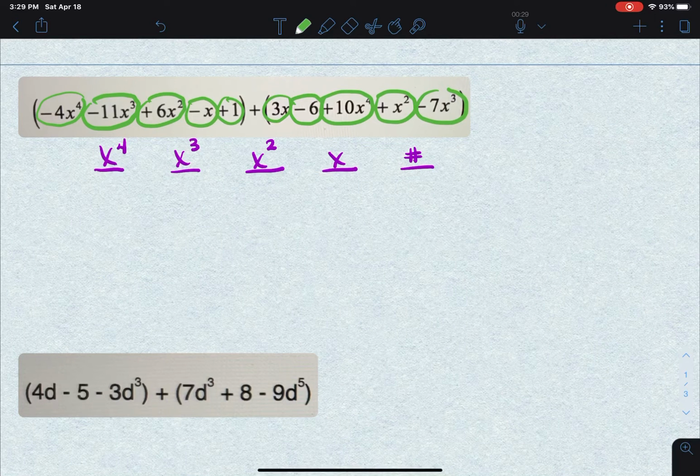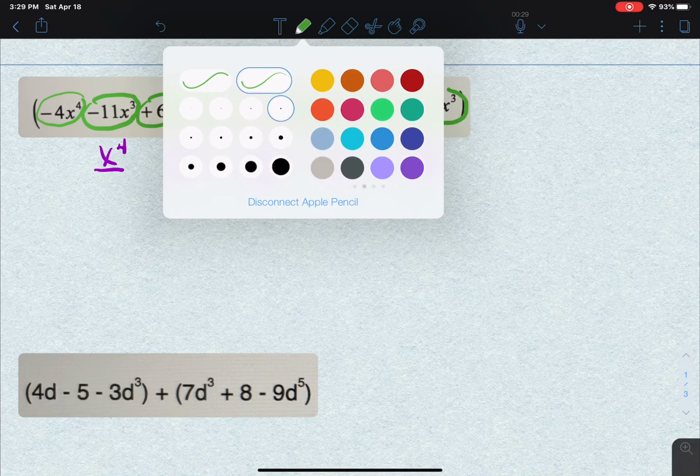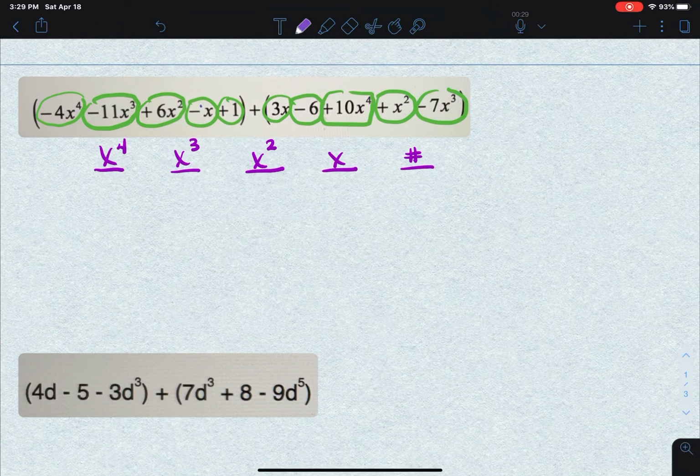Now, there's a couple things that I might do to help myself here. One of them is that I'm probably going to add a 1 here and a 1 here because I assume that 1 is there whether I write it or not. So that part would probably help me make sure I've got stuff in the right spot. Okay, now I'm going to go ahead and start to sort.